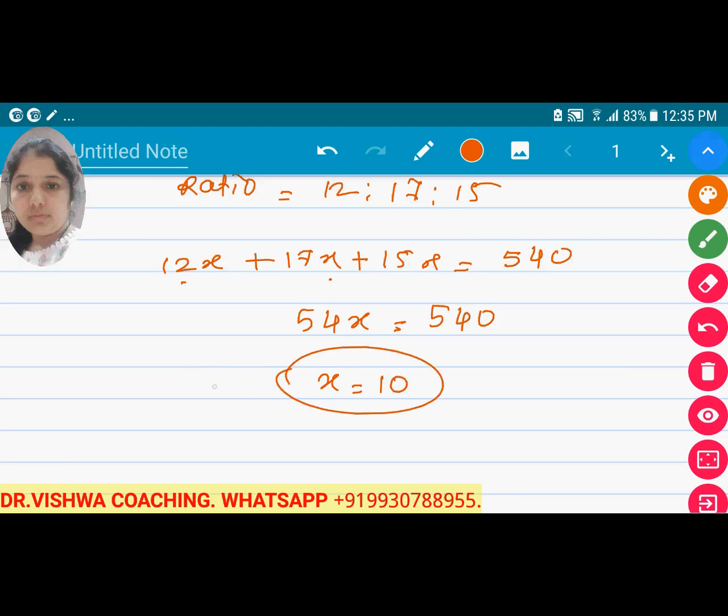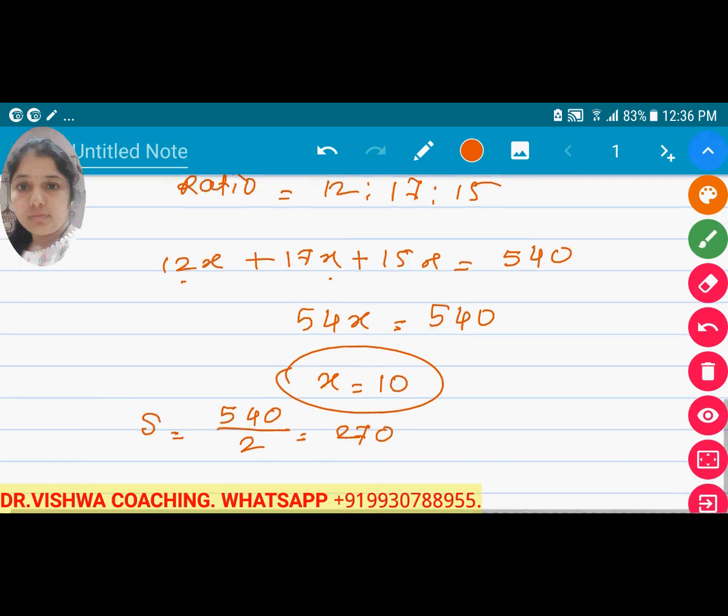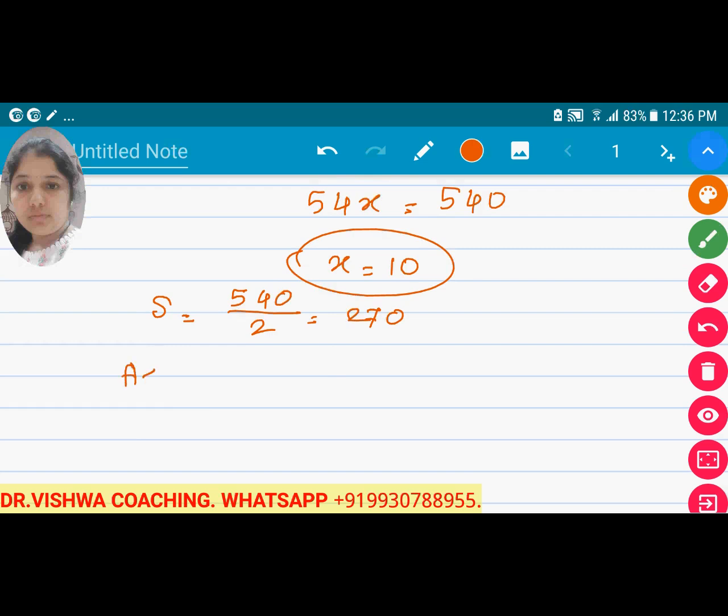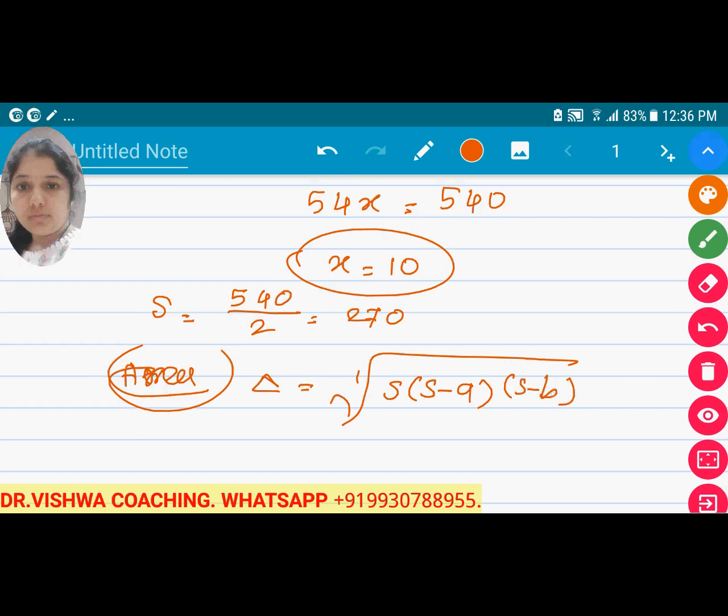Now we know that s is half of the perimeter. So 540 divided by 2 gives us the value of s, which is 270. Now for the area of the triangle, we use the formula from the last sum, the square root of s into (s minus a), (s minus b), (s minus c).